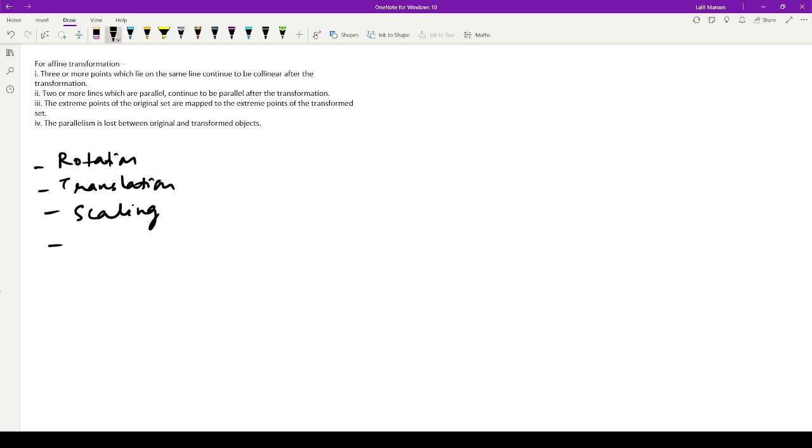Shearing, and then reflection. Yes. So all these combined, or maybe one or two of them, you can combine all of them, or you can have one or two of them. These are all a part of affine transformations.